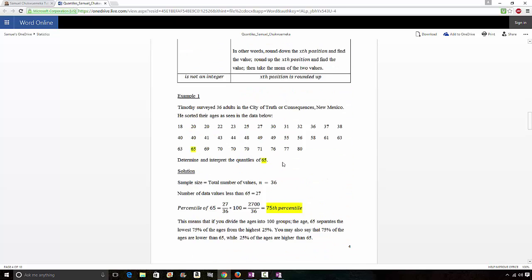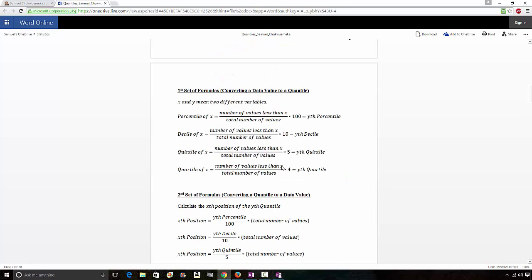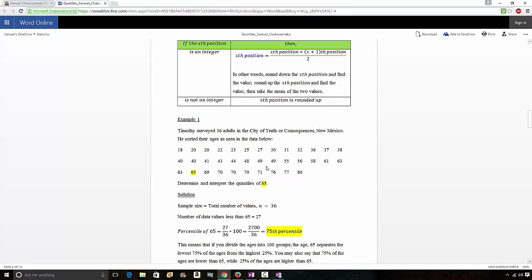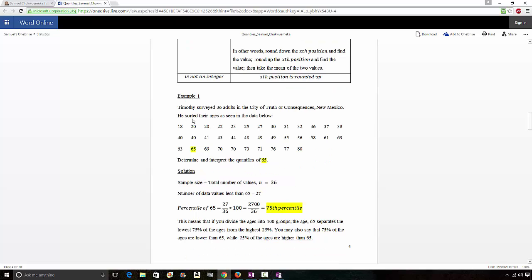Let us look at examples. Example 1 will deal with the first set of formulas. Timothy surveyed 36 adults in the city of Truth or Consequences, New Mexico. I like that name, City of Truth or Consequences.